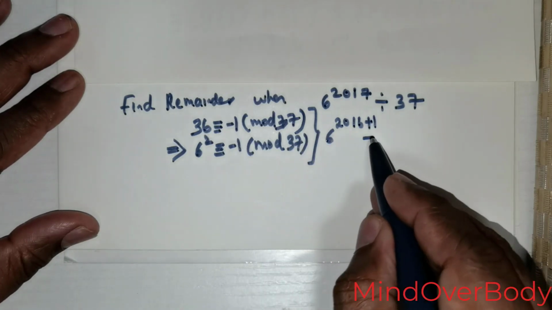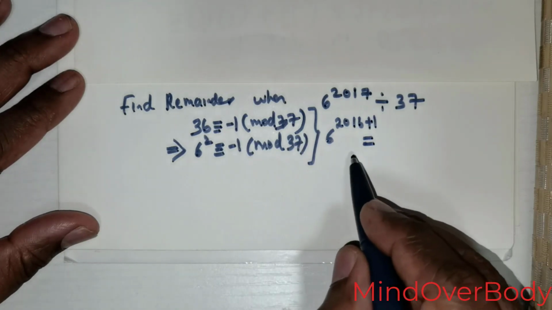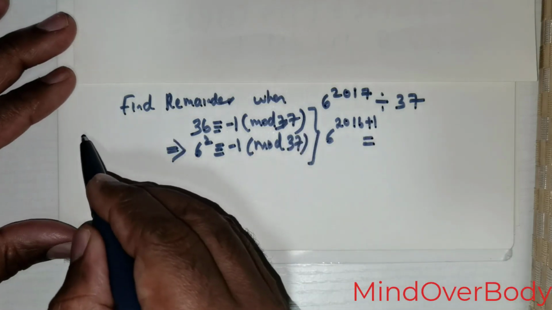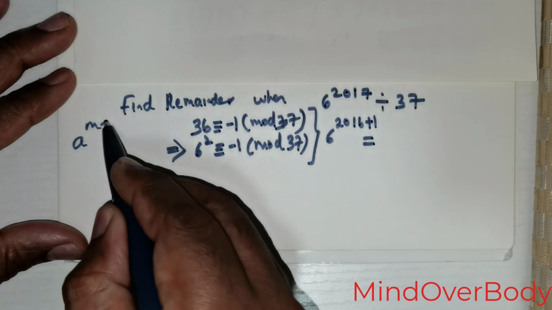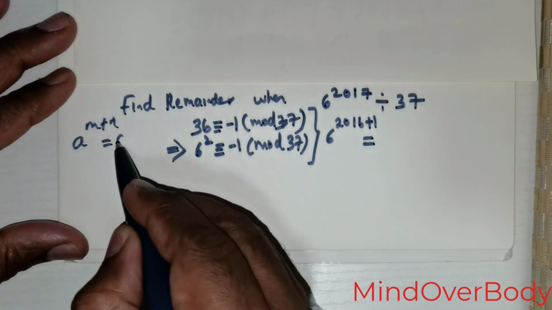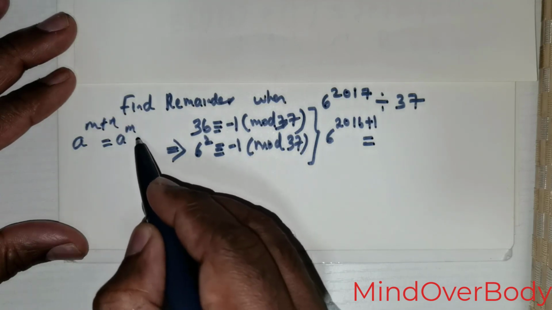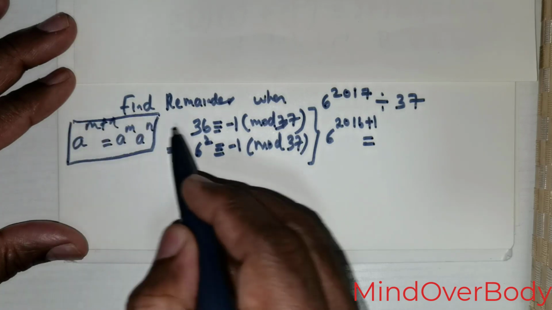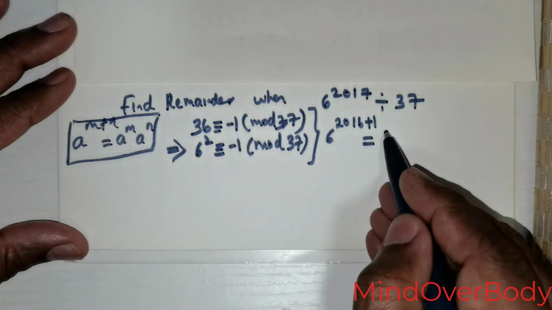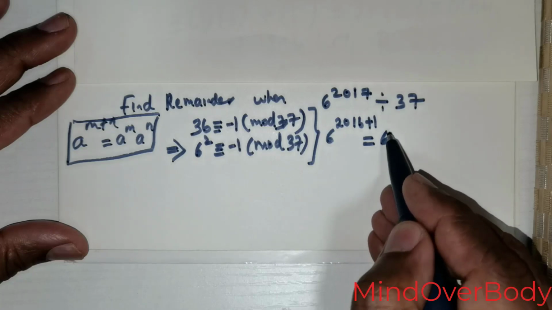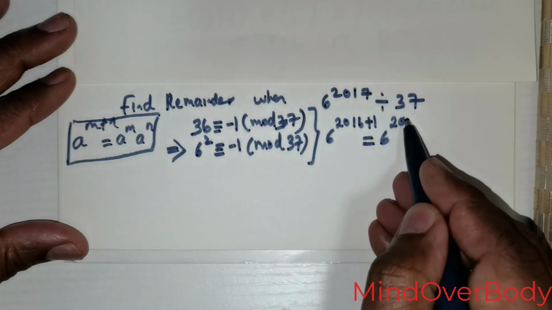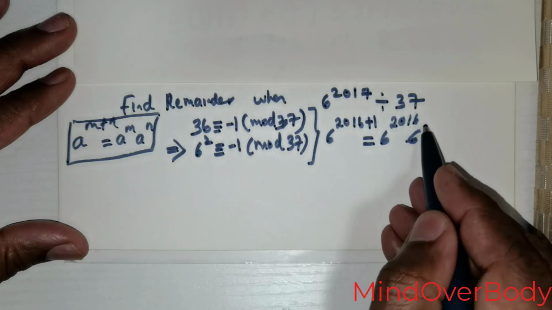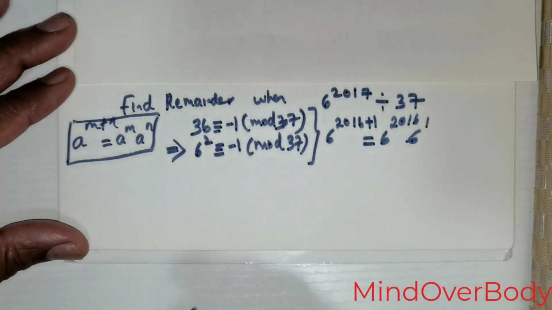So now this can be rewritten as, from the law of indices, suppose you have a raised to the power m plus n, you can always rewrite it as a raised to the power m multiplied with a raised to the power n. This is always possible. So by this I can rewrite this as 6 raised to the power of 2016 multiplied with 6 raised to the power 1. So this is always possible.